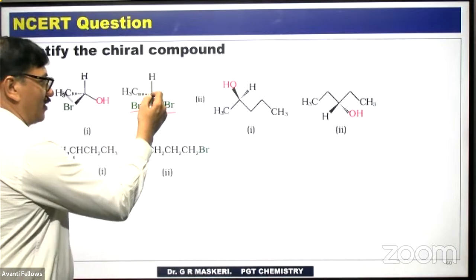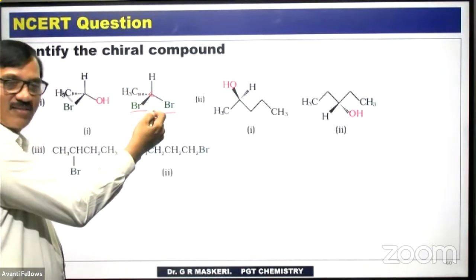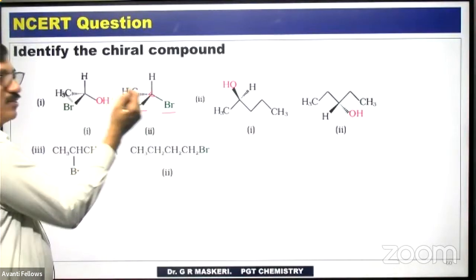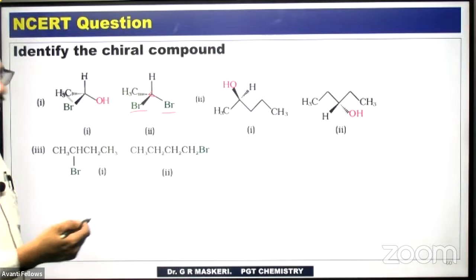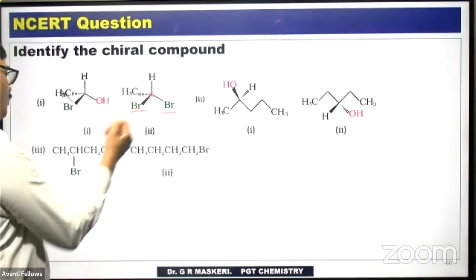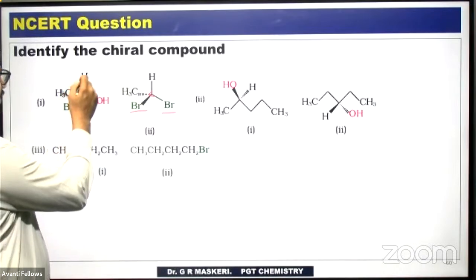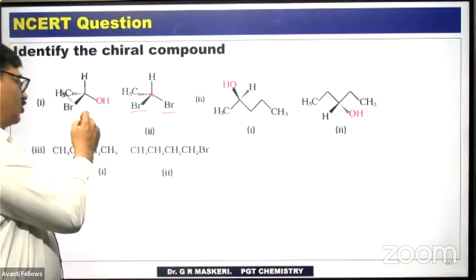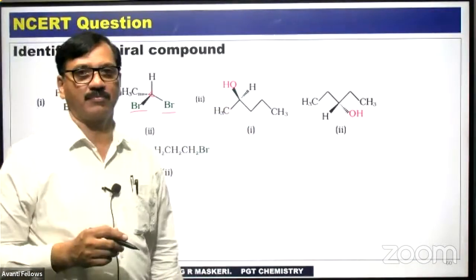In this one, the carbon has H, CH3, Br and another H, two constituents are the same, therefore it is not chiral. This is not optically active. It has a plane of symmetry, therefore it is not so. Now, this one has CH3, OH and Br. This is optically active, right? Now look at this molecule.